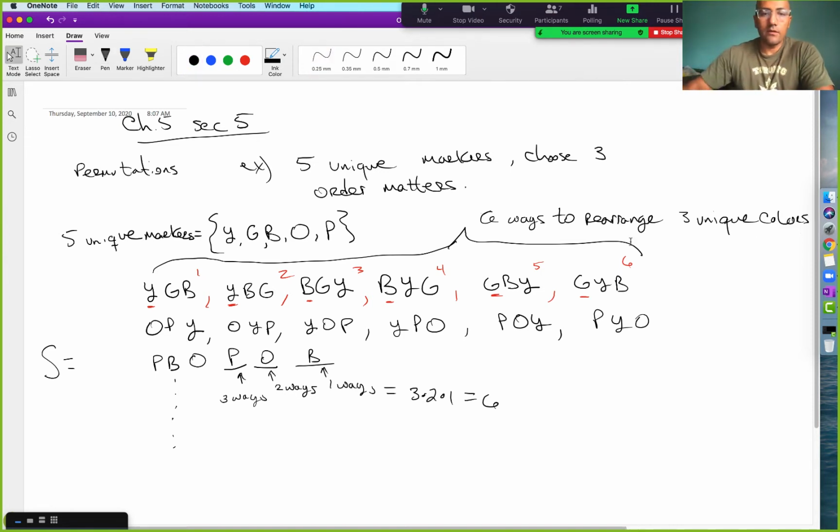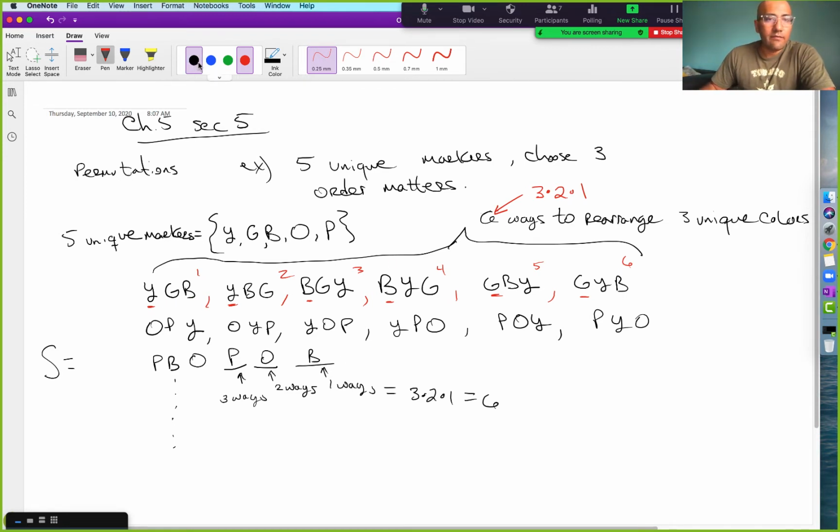Okay, good. So 6 ways to move three unique colors, and that 6 comes from the multiplication of 3 times 2 times 1, right? Because there's 3 unique colors. How many ways are there to move them around? 3 times 2 times 1.